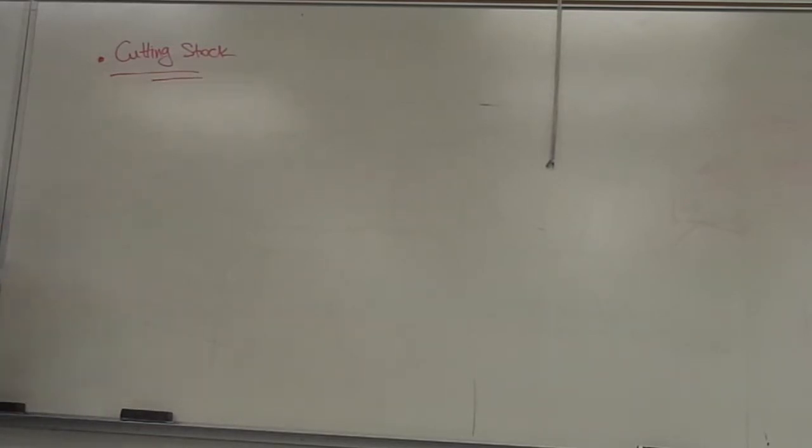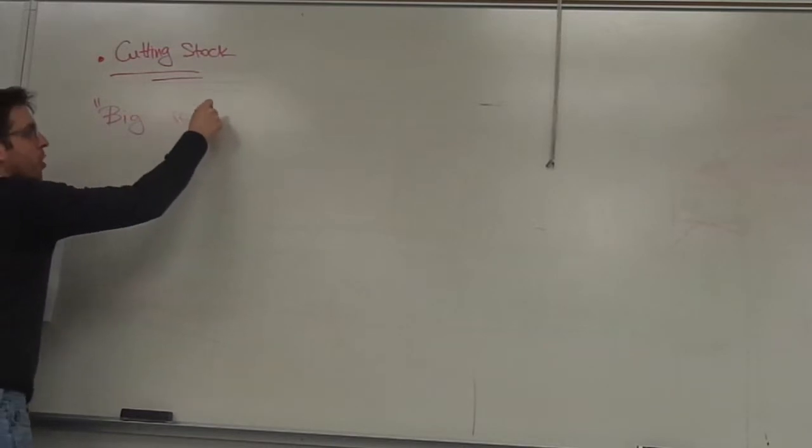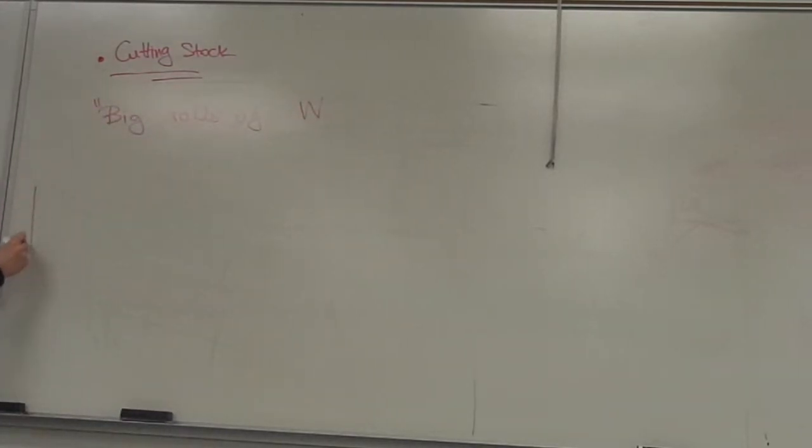So let's again see what we have. We have big rolls, I'm going to name them, so big rolls of width W big. So this is basically what I have. And I don't only have one of them, I have multiple of those.